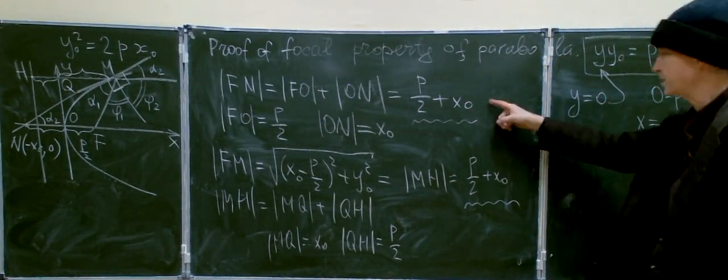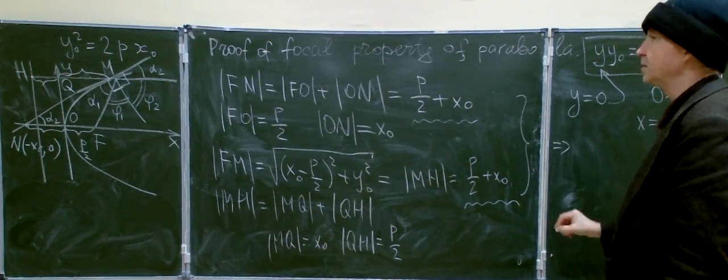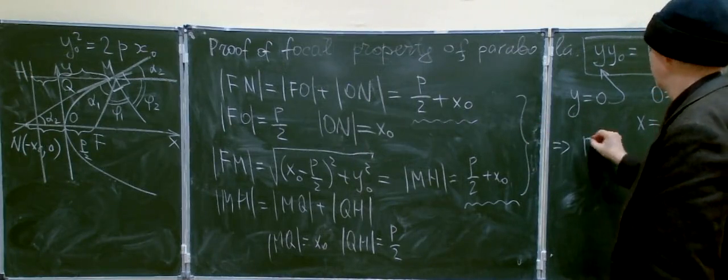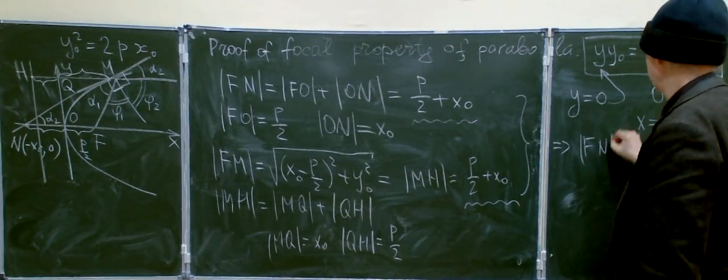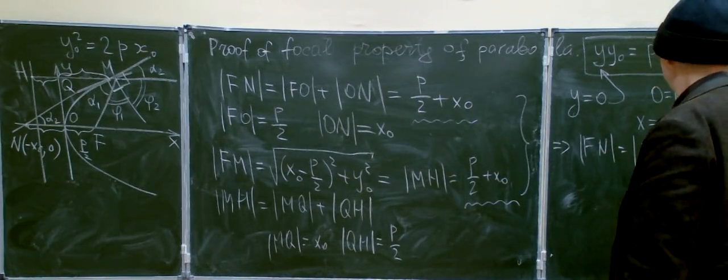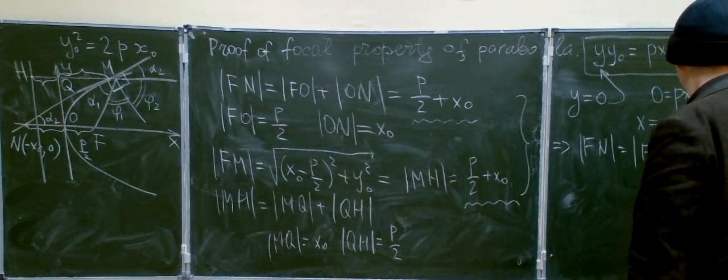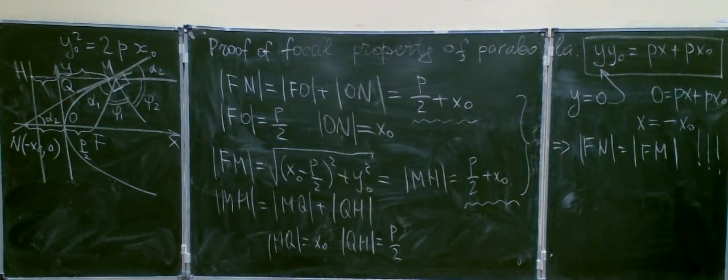Therefore, we conclude that FN is equal to FM. And thus, we have proved the required equality, thus the proof is over.